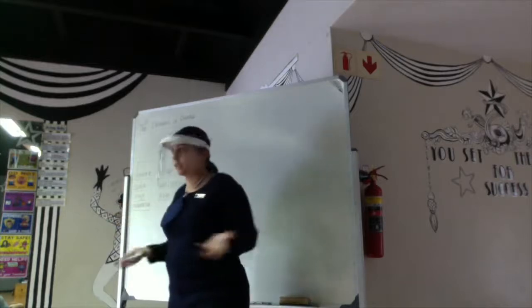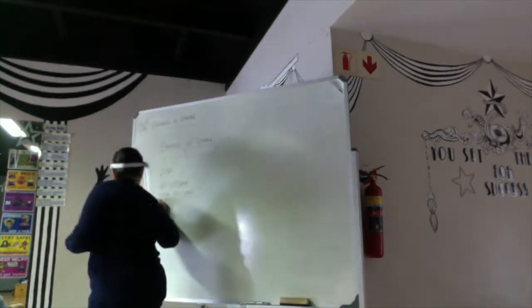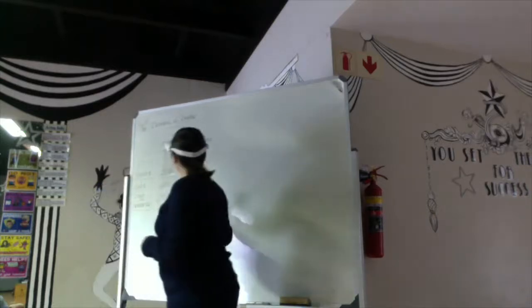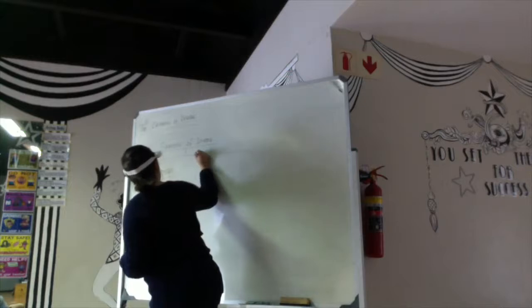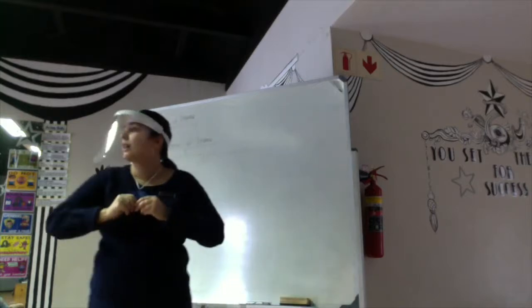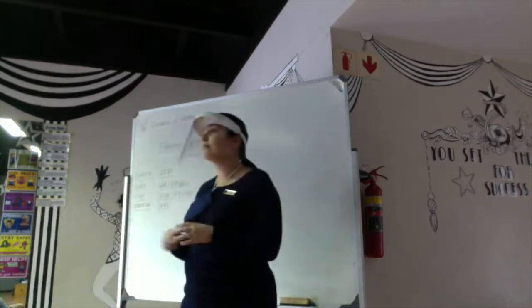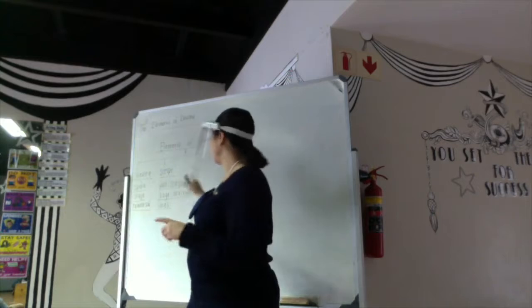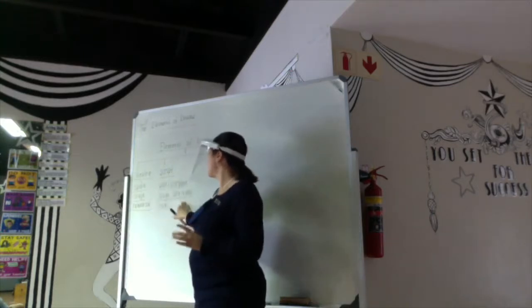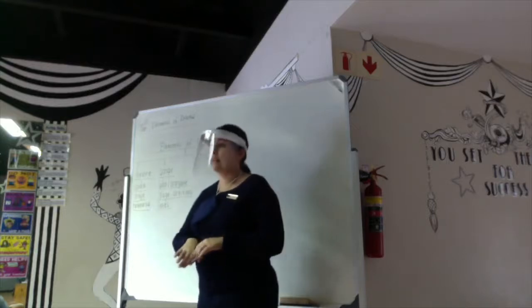It tells you what to say, okay? So the third one is lines. That's stage direction. So our script is our plot or storyline, stage directions, and lines.